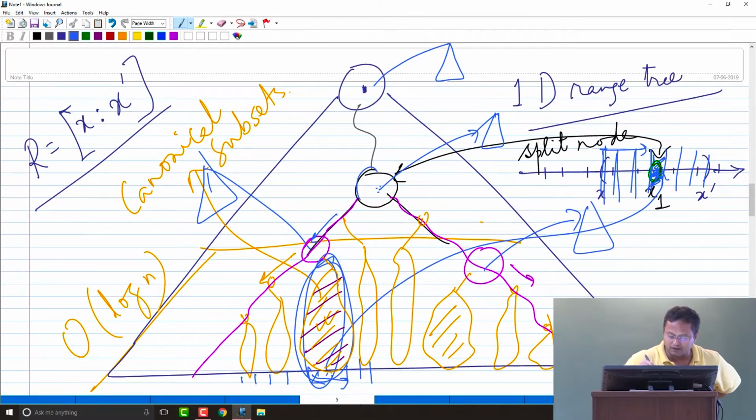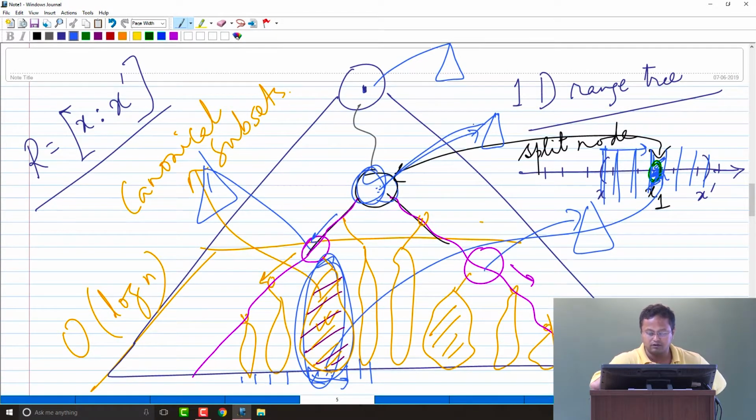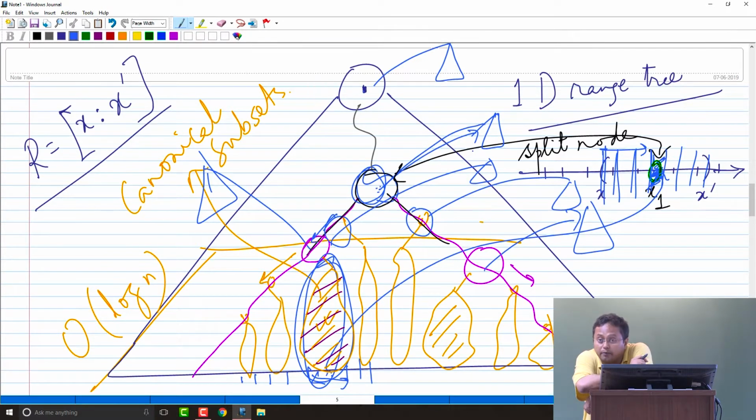So look at any node here; this has an associated structure. Look at any node in this subtree. When you look at the associated structure corresponding to it, it is a subset of its parent.